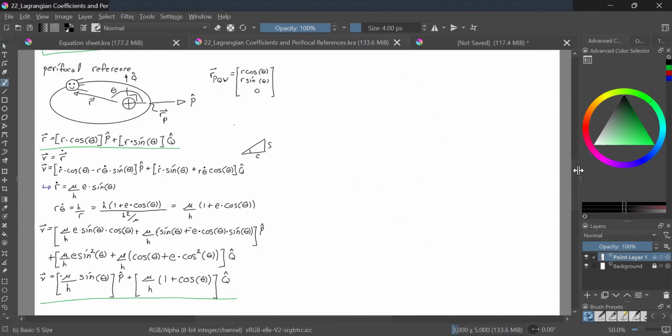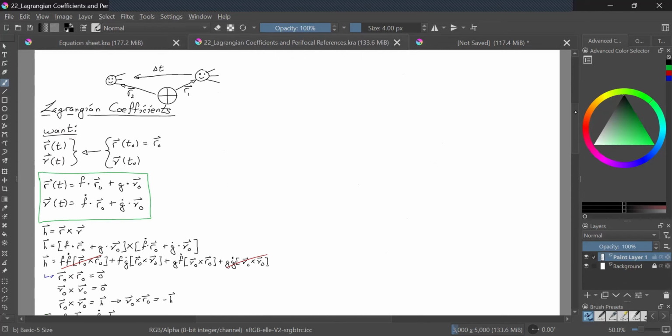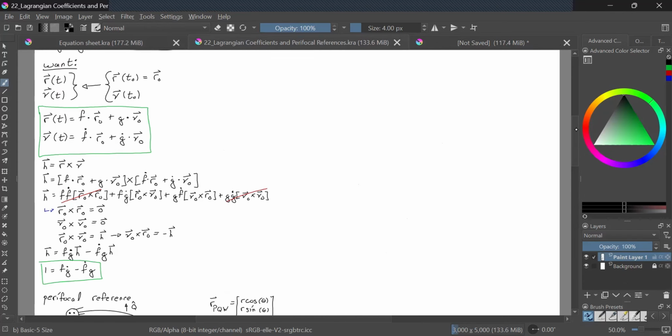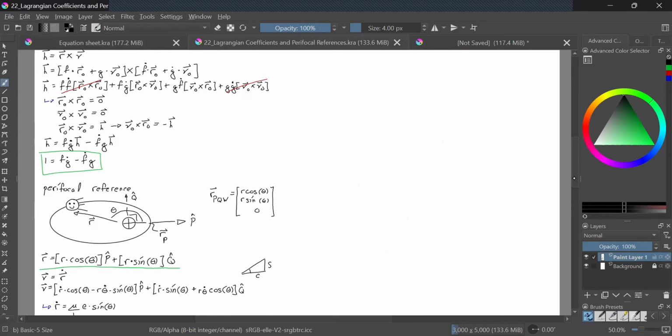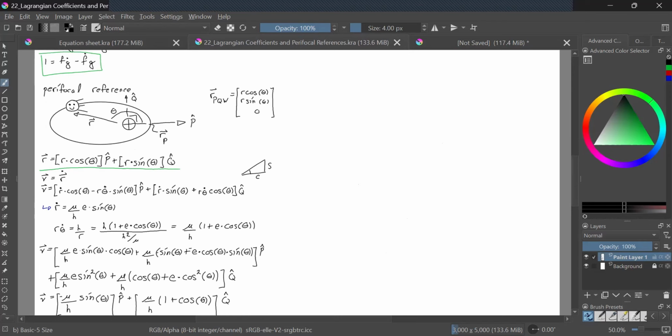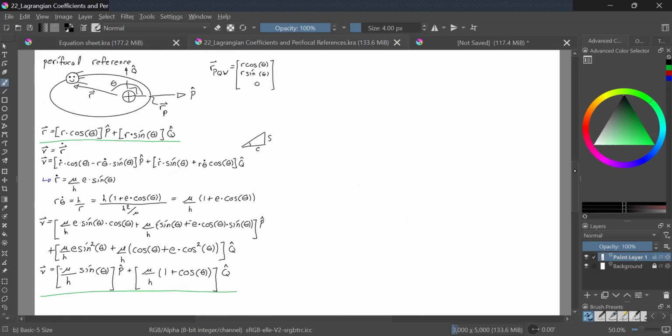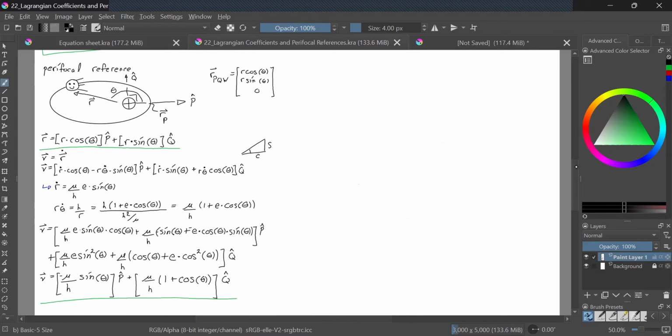So we did a lot of stuff last video. We have our equations for Lambert's problem. We have our constraint for Lambert's problem. And let's get all three of them on the screen.